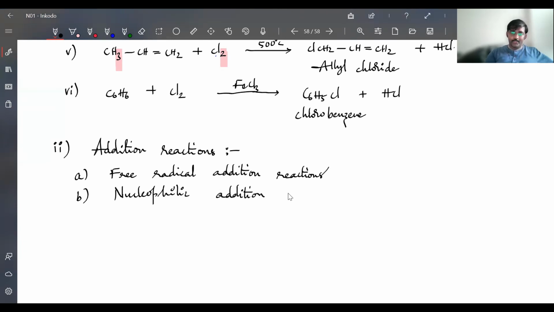Similarly, electrophilic addition reactions also we have. So let us see some examples for these addition reactions.